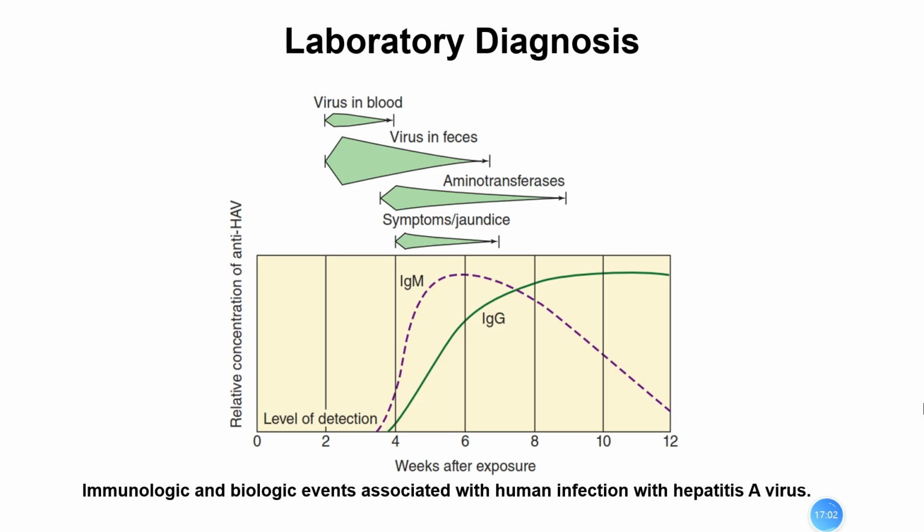While the symptoms come at about week 4, aminotransferases also peak at about week 4. You know the source of aminotransferases? I guess we learned that in biochemistry. Aminotransferases are originally from liver cells, hepatocytes. It's an intracellular enzyme.